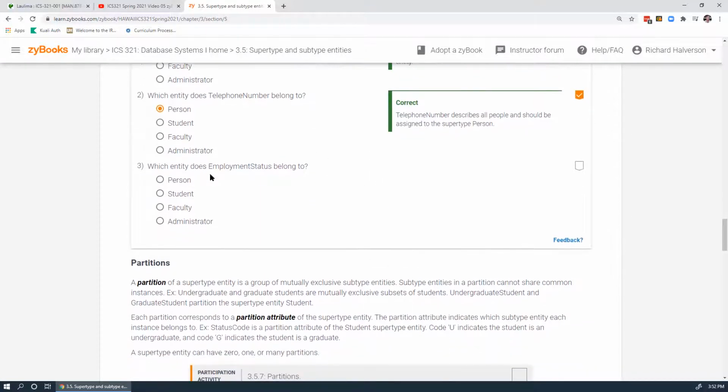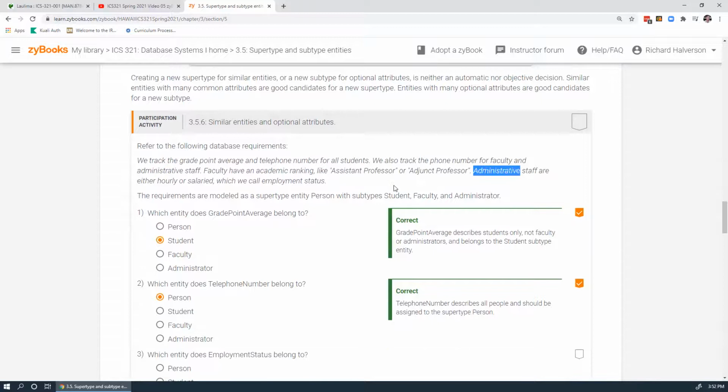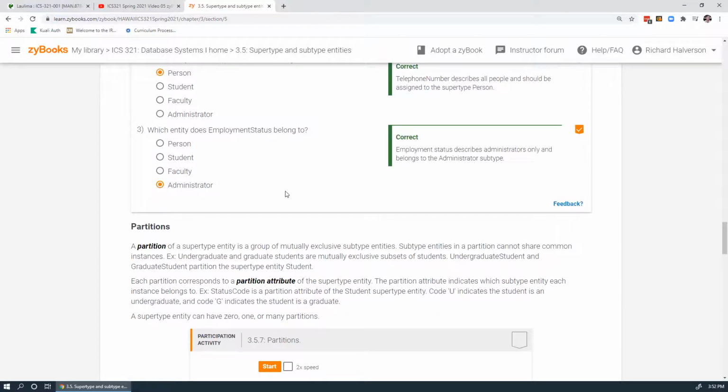And employment status, can it belong to more than one? Faculty and administrators are salaried, which we call employment status. So that's just administrative staff, so I guess that's just this one.